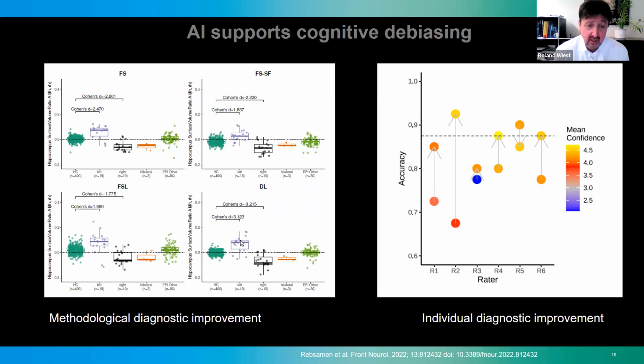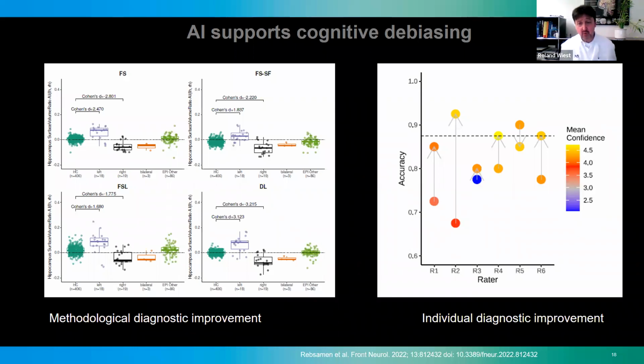in this case identifying volume atrophy or temporal hippocampus atrophy in patients with this certain subtype of epilepsy, in comparison to healthy controls, but also in comparison to other epilepsies that you would not expect to exhibit the same volume changes in the hippocampus.